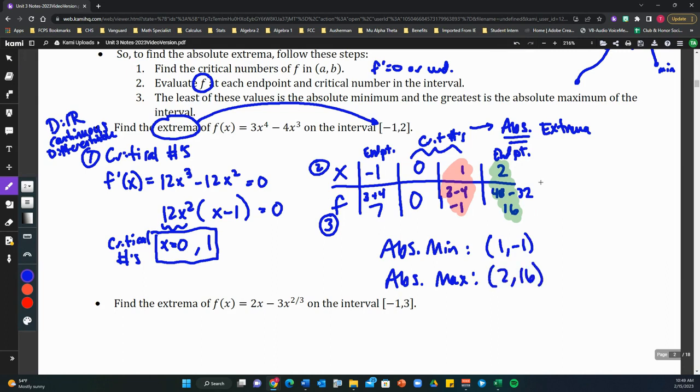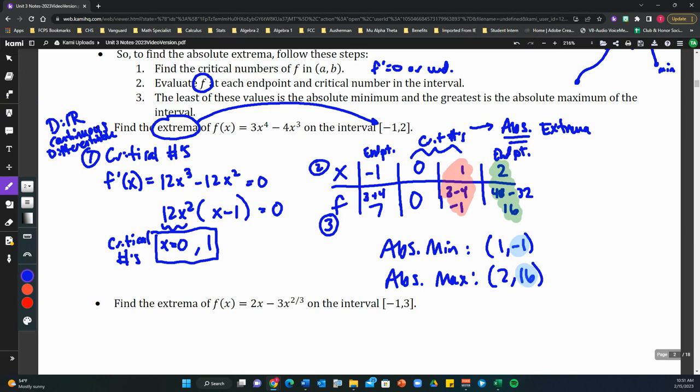Now you do have to be very careful with the way that we present our answers. Sometimes we may be interested in just the y-coordinate. Other times we may be interested in where on the graph those extrema occur, so sometimes we may want to know the actual coordinate. Depending on what software you're working in, it really will dictate how exactly we present this.